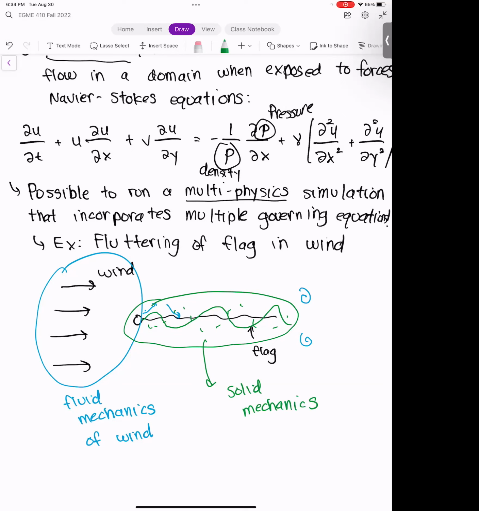Based on the structural strength of the flag, its density, and its solid mechanic response, that's going to determine how it flutters in the wind. So you have this interaction between the fluid mechanics of the wind and the solid mechanics of the flag, right? To properly run a simulation on this, you have to account for both fluid flow and solid mechanics.